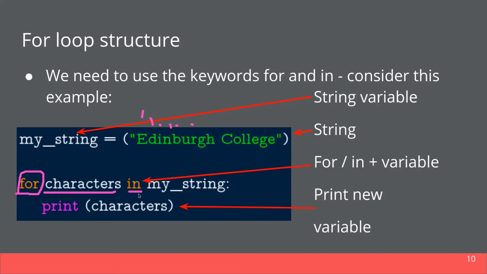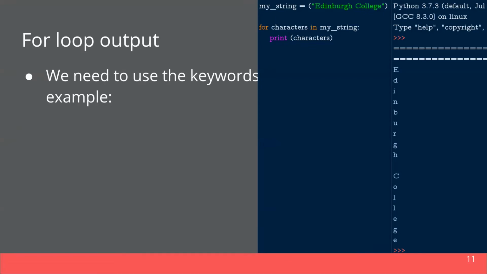In just means inside my string, and my string is obviously this variable here. So what we're saying is for all the characters in my string, print characters. Okay, and what that will look like is that will actually look something like this. So it's going to print each one out on a new line running down like that.